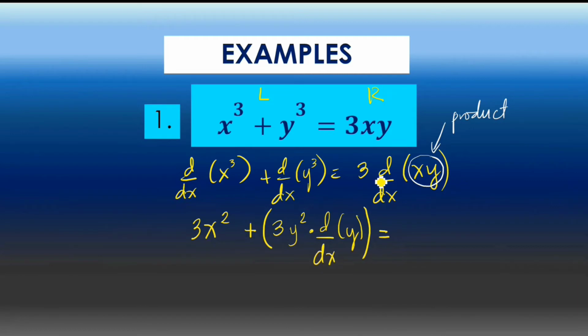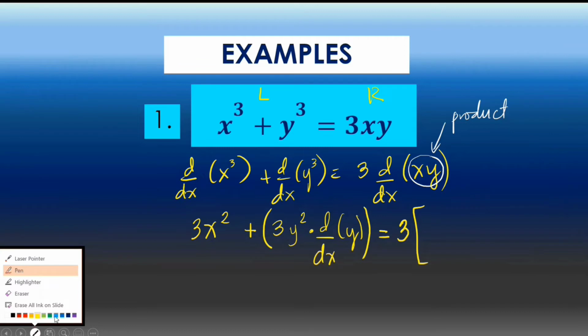So on the right side, as you can see, we have a coefficient of 3 to be multiplied to the product of x and y, which we also need to differentiate. If you still remember the product rule, we need to copy the first.